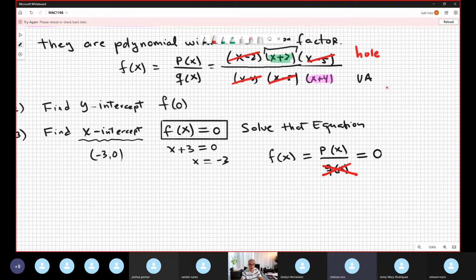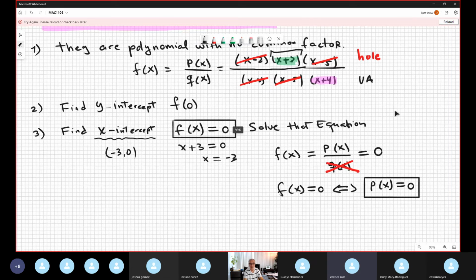To say that f of x is 0 is equivalent 100% to say p of x equals 0. In other words, shortcut, super easy: you take the polynomial in the top, the factor that stays alive, you enforce it to be 0, and you obtain the x-intercept. Super important points, x and y. Clear?